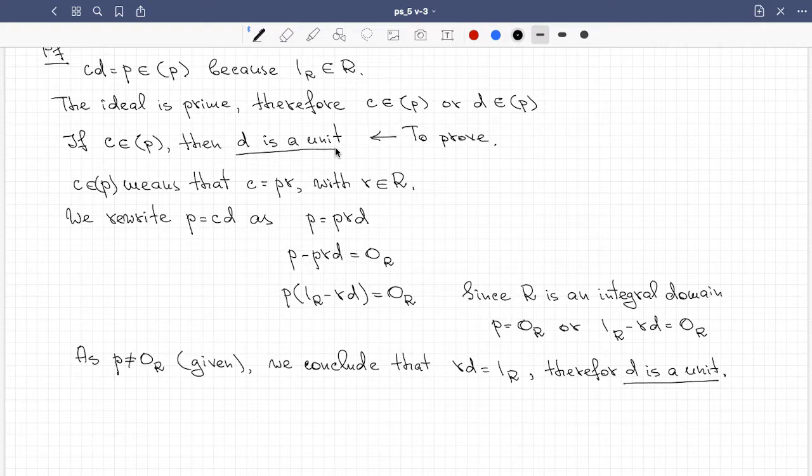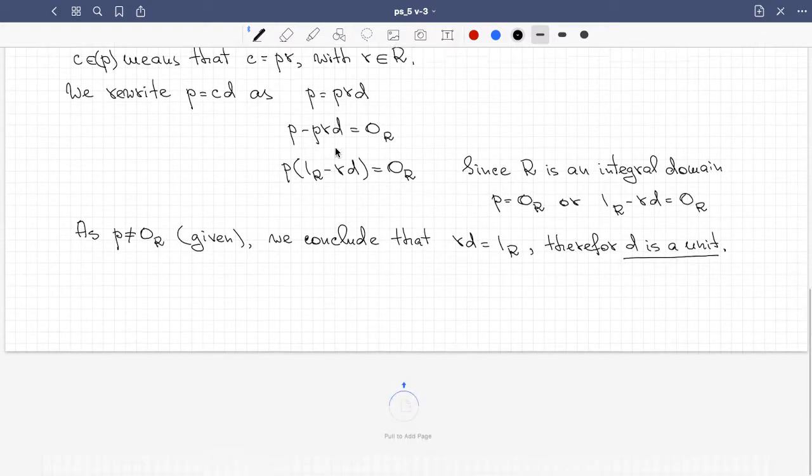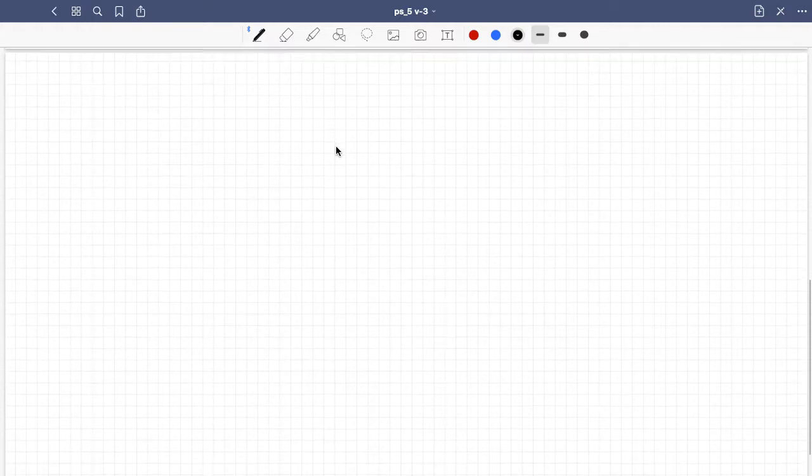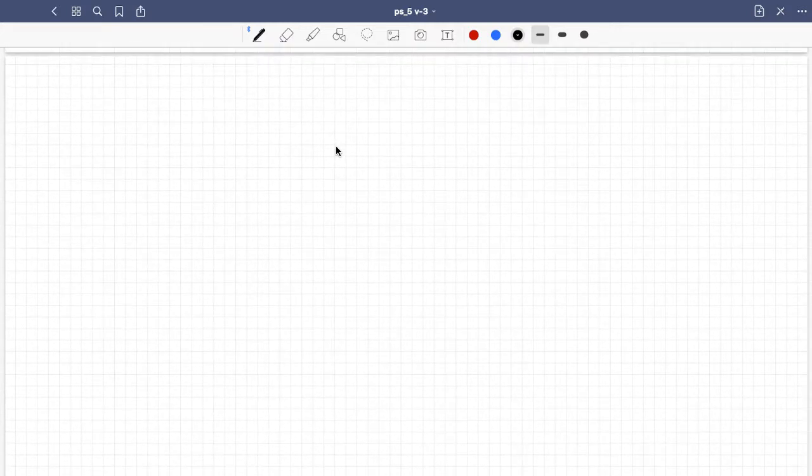Let me show you another not so difficult problem from this set of exercises, and that's going to be 20 on page 167.